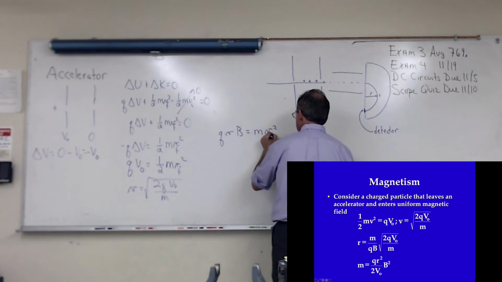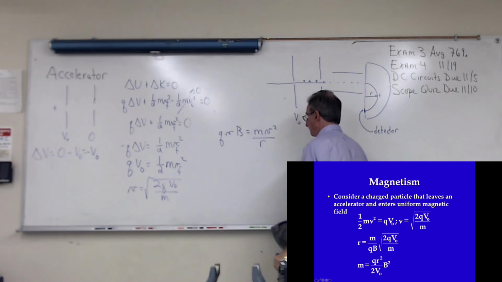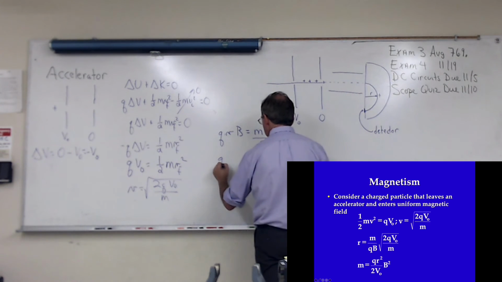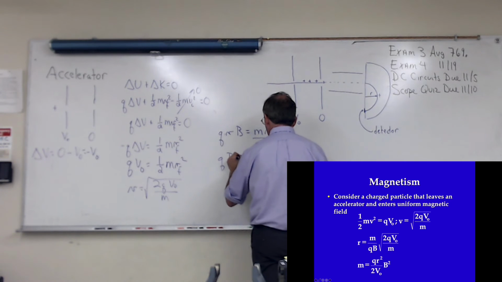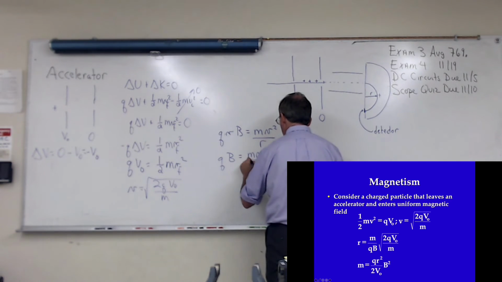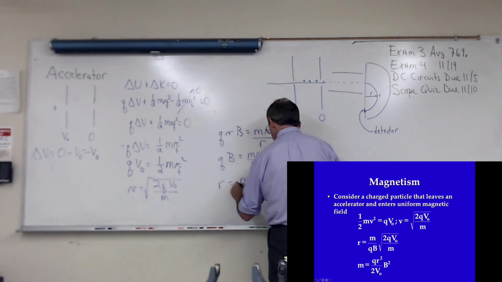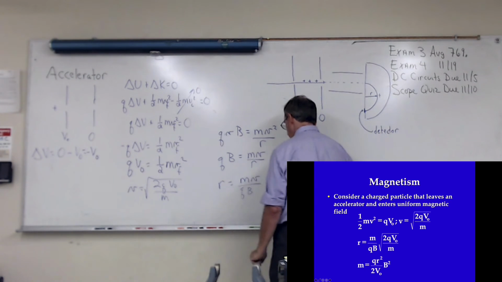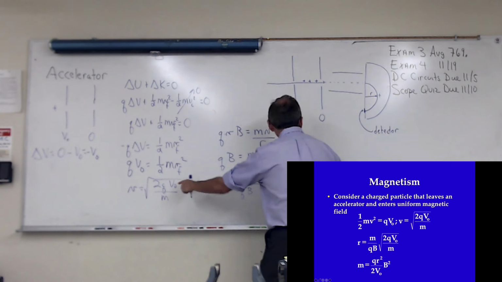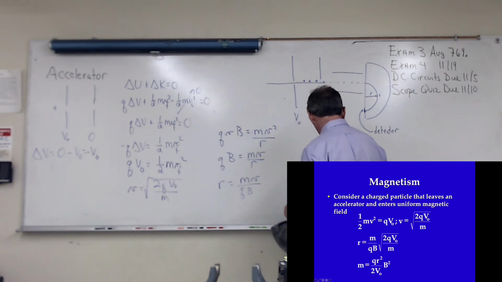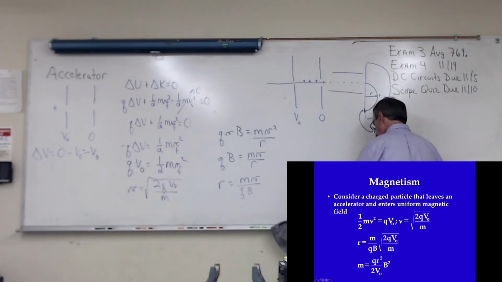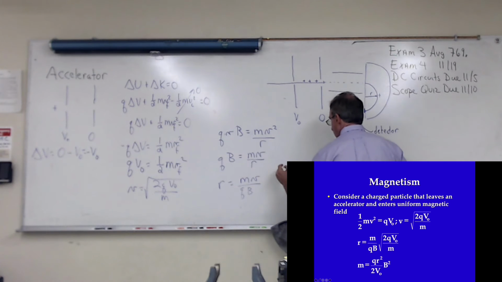And this produces centripetal acceleration. I get QVB equals mV squared over R, and R is mV over QB. But my V is given by that expression.